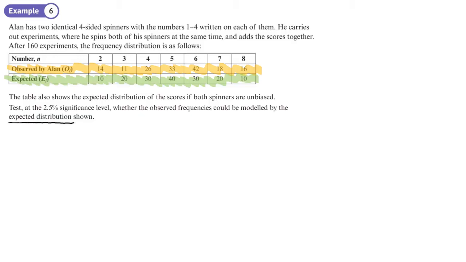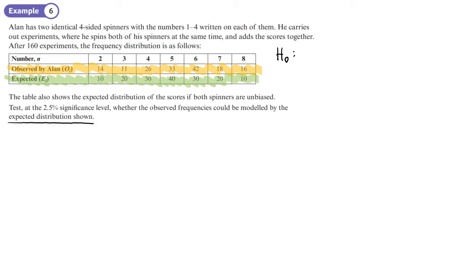Test at the 2.5% significance level whether the observed frequencies could be modelled by the expected distribution shown. Right, so first thing, do we need to combine any cells? Nope, because there are no expected values less than 5. So let's start by writing out H0 and H1.